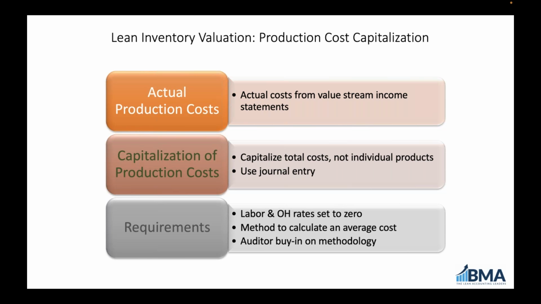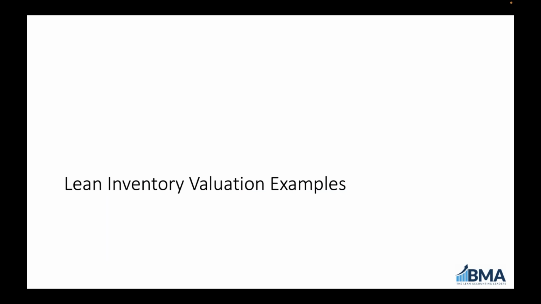So it simplifies a whole lot of things. And personally, when I experienced this, it just made life simpler for everybody. So that's the methodology for lean inventory valuation, and it's average cost, okay?